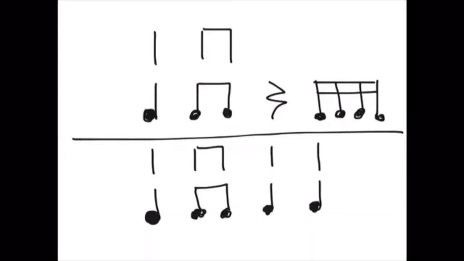If I say it using just the animal names, it would sound like this: dog, chicken, cat, bird. If I say it using the syllables for rhythm, it would sound like this: ta, ti, ti, ta, ta.